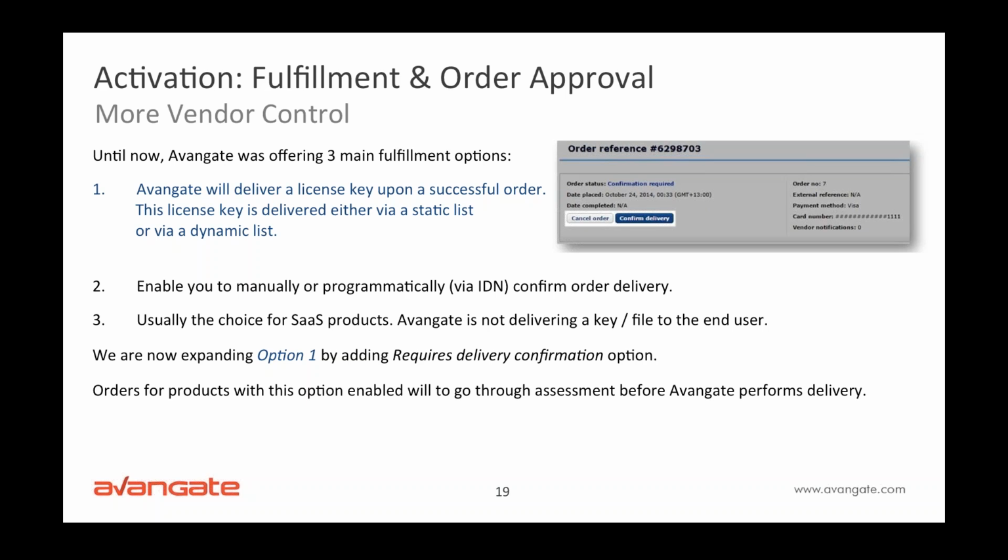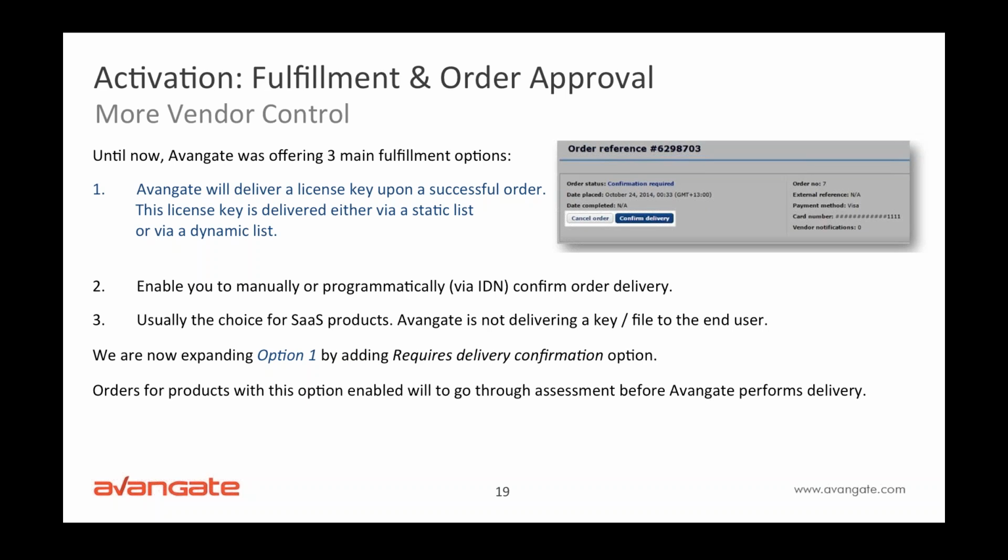So, for example, if Avangate is delivering product keys or product files or activation codes on your behalf, this is the particular scenario I'm talking about, which we actually enhanced, right? So before this enhancement, you had 3 options at your disposal. So Avangate could deliver everything on your behalf, including license keys from static or dynamic lists, product files, activation codes.